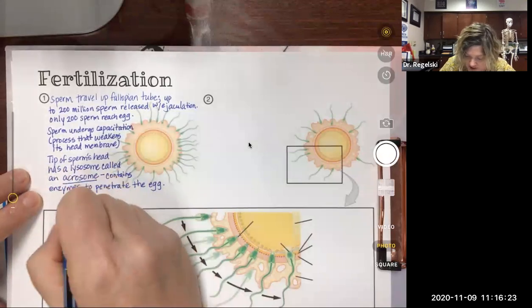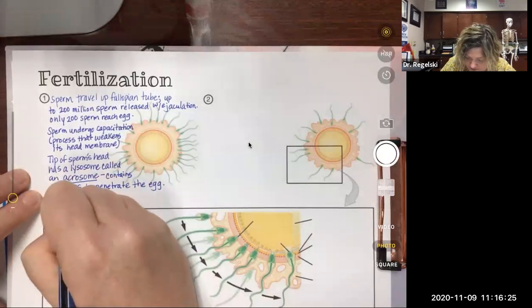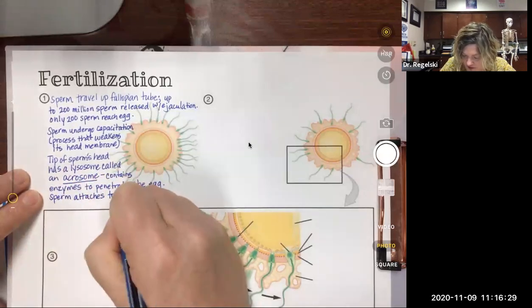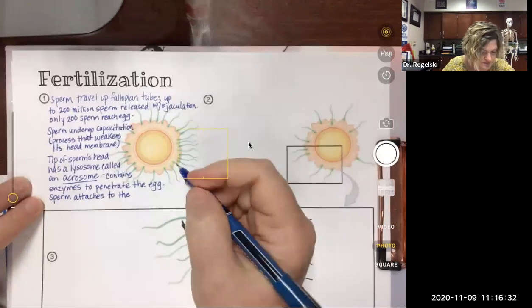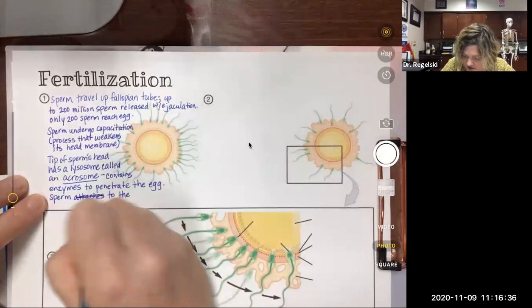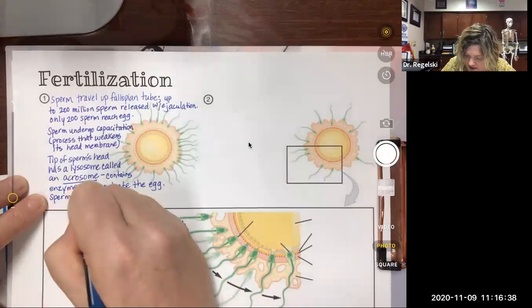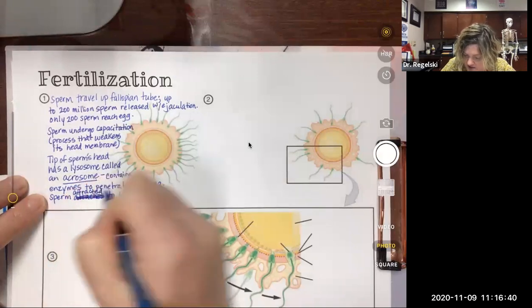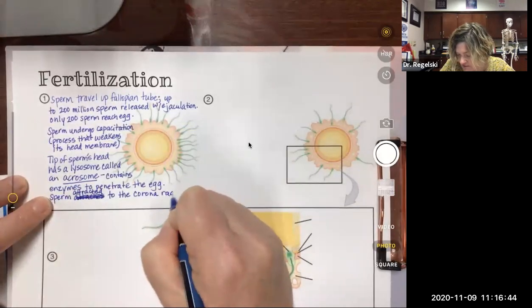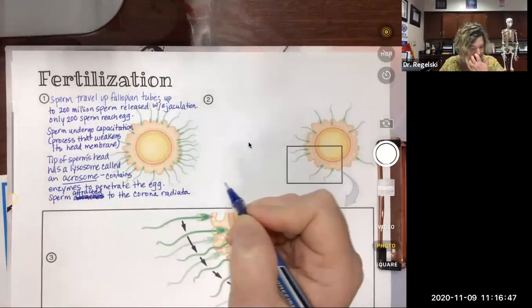Okay, the sperm attaches to the, or it doesn't attach, I'm sorry. The sperm is attracted to the corona radiata of the egg.